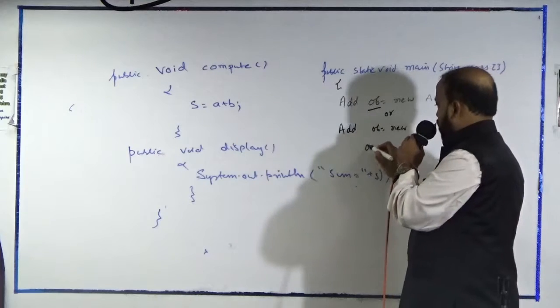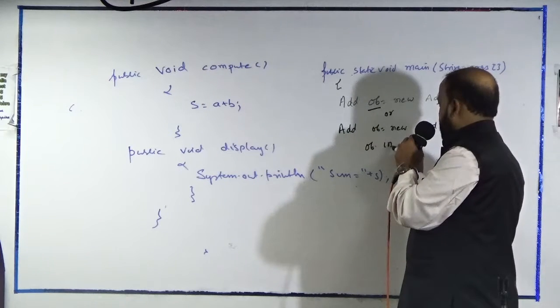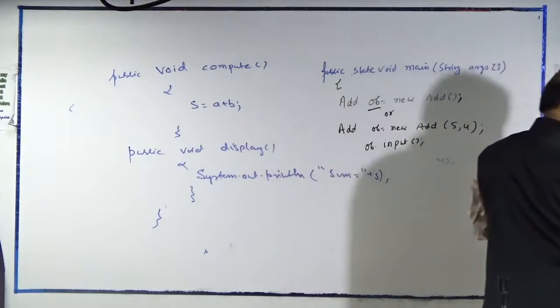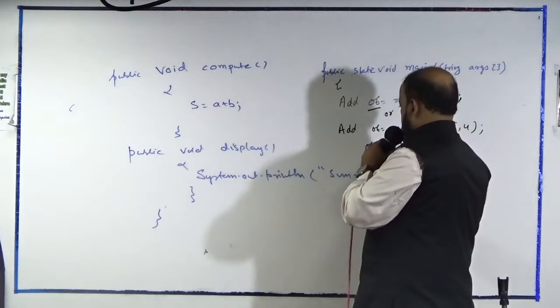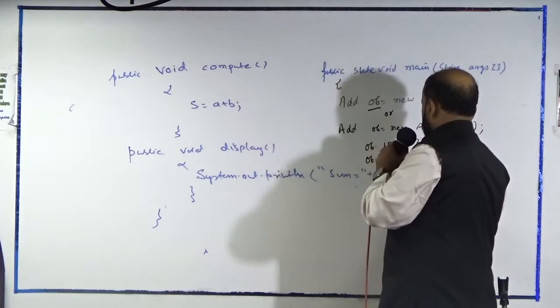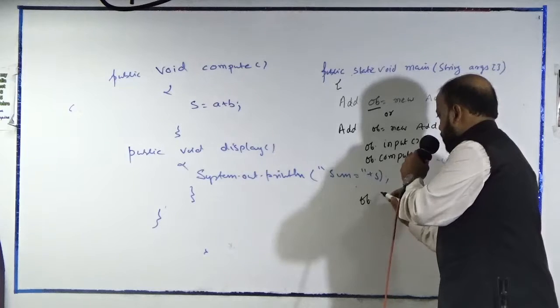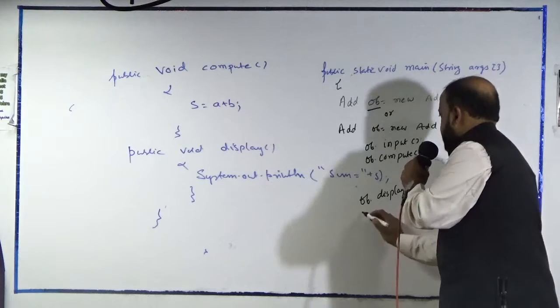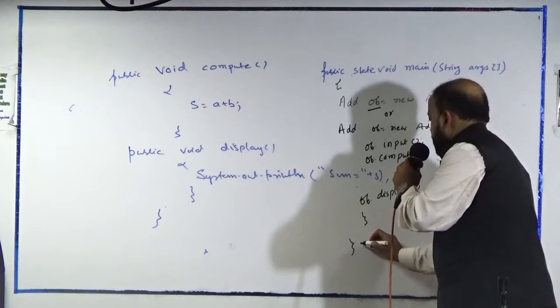After this, we have to call the methods. We have one method called ob.input. Another one we have ob.compute. And then we have ob.display. And the class ends here.